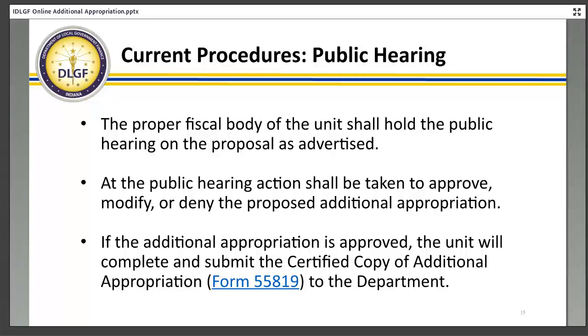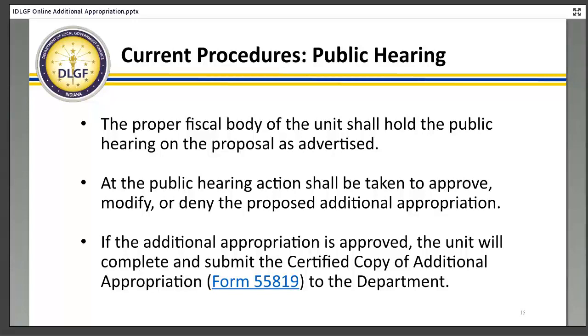If the additional appropriation is either approved in whole or partially approved locally, the next step will be for the unit to complete the certified copy of the additional appropriations, sometimes referred to as the certified copy, and other times just referred to by its form name of Form 55819.